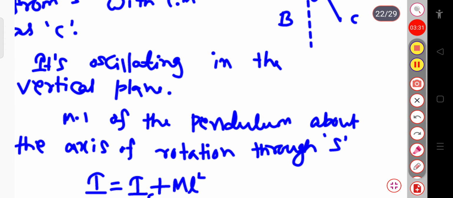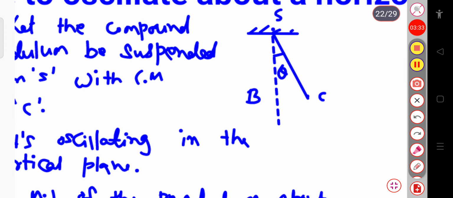What is this l? l is the length of this pendulum.